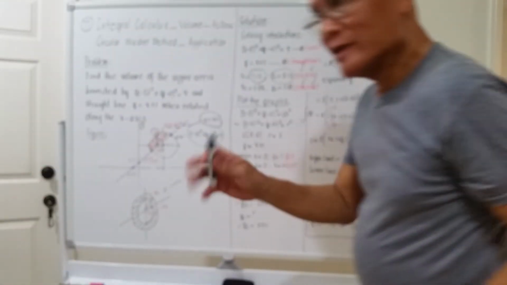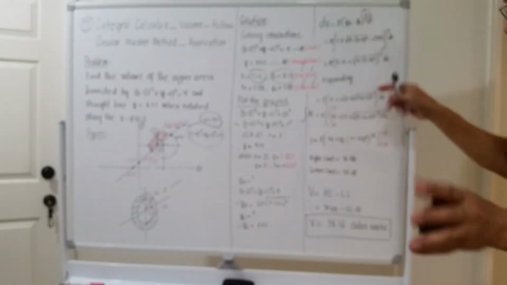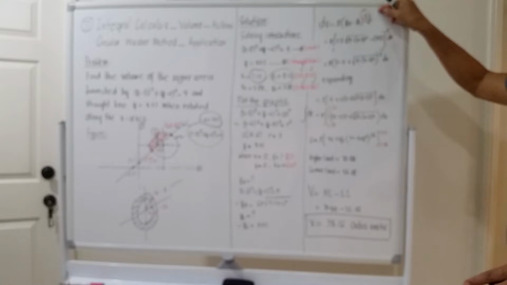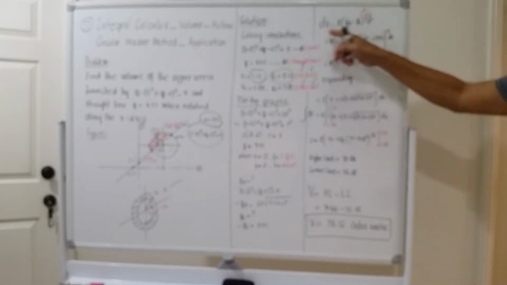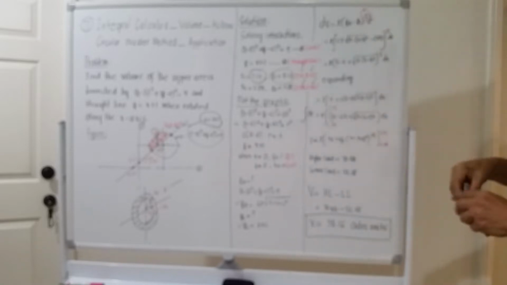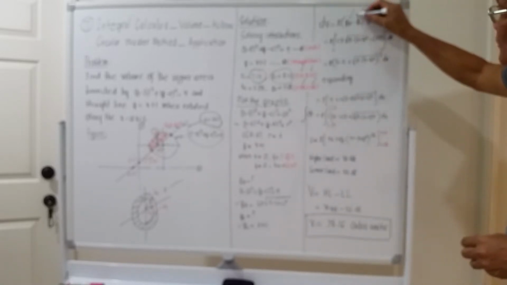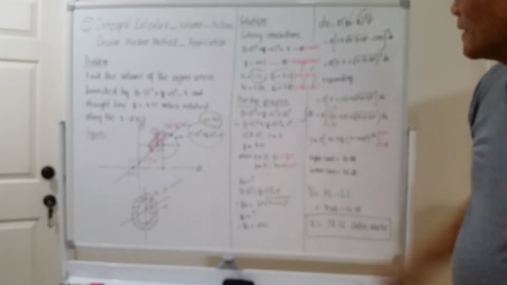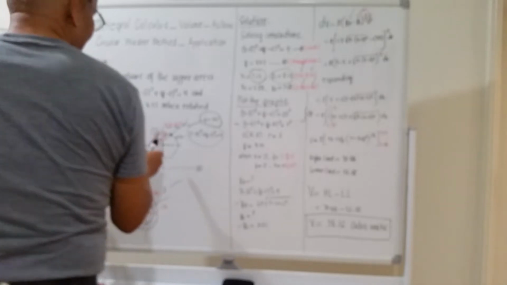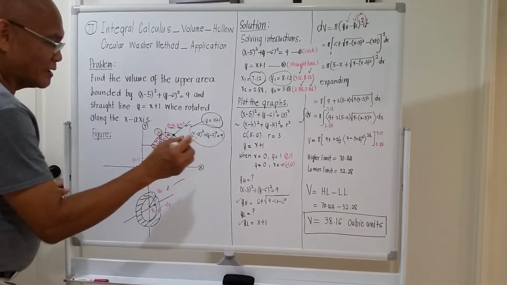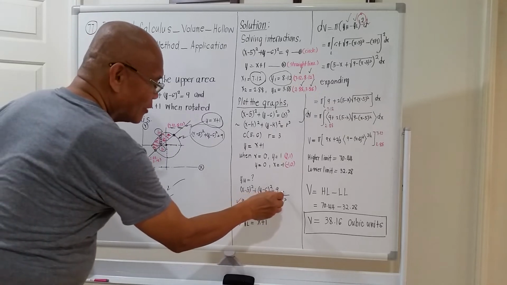For those who are smart enough to have followed this step by step, you could have seen that I forgot the square over here, because the differential volume is pi radius squared times the thickness. It is y higher minus y lower. Y higher is the ordinate of the circle.